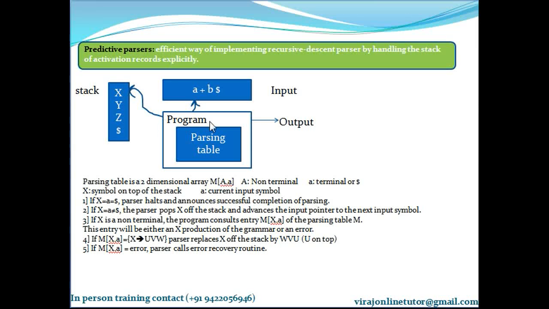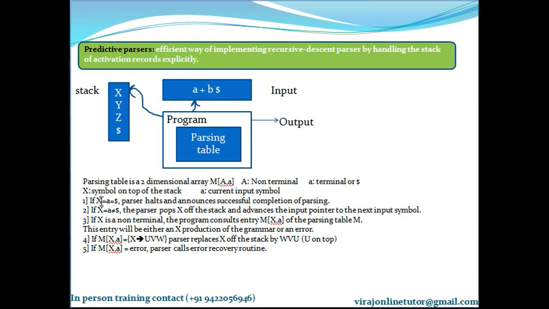The parsing table that I have drawn here is a two-dimensional array where capital A is a non-terminal, and small a is a terminal or a dollar. Dollar is the end of string. In this input, a plus b is the input and dollar is the end of string. Clear? So the parsing table is a two-dimensional array made up of non-terminals versus terminals or a dollar.